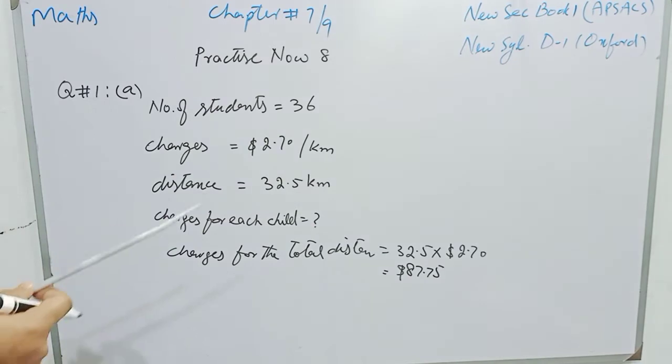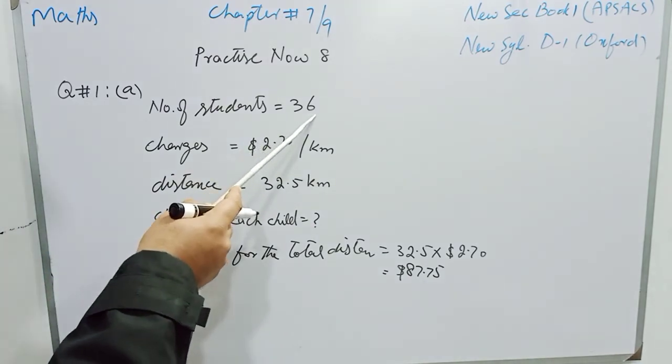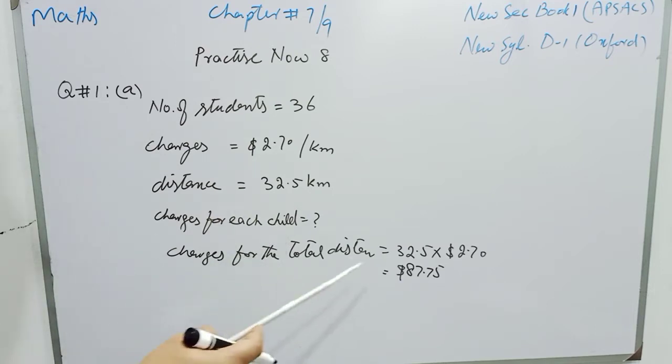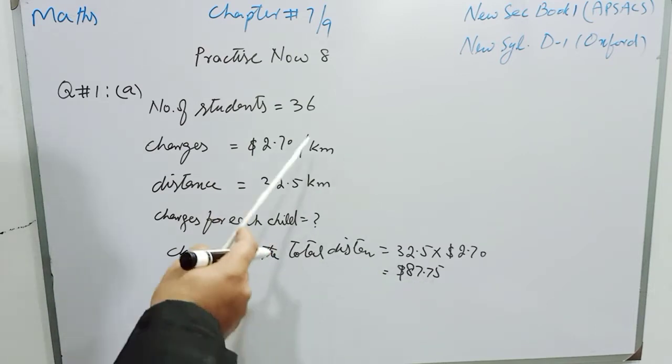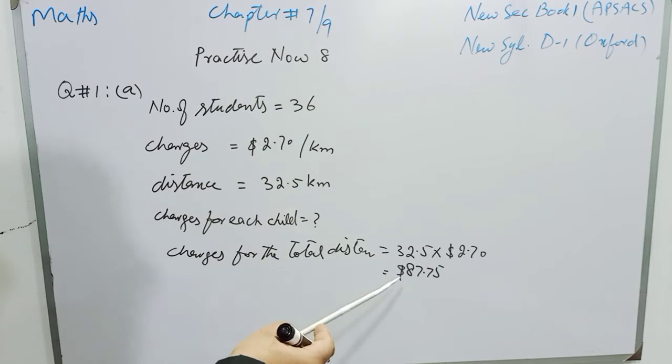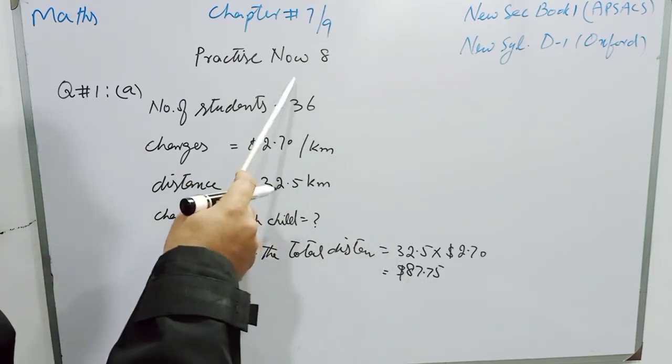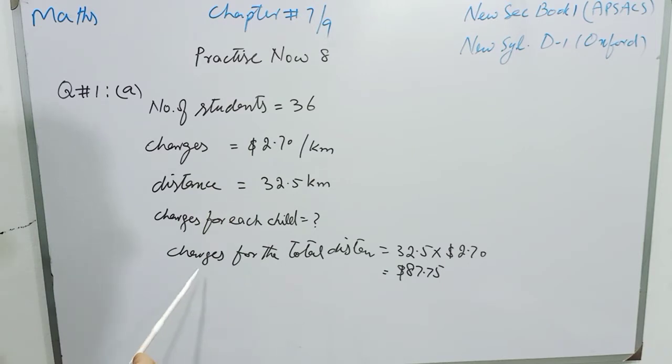$87.75, and there are 36 students, so we have to find the charges for each child. So $87.75 will be divided by 36 because these charges are for the 36 students, and we have to find the charges for each child.